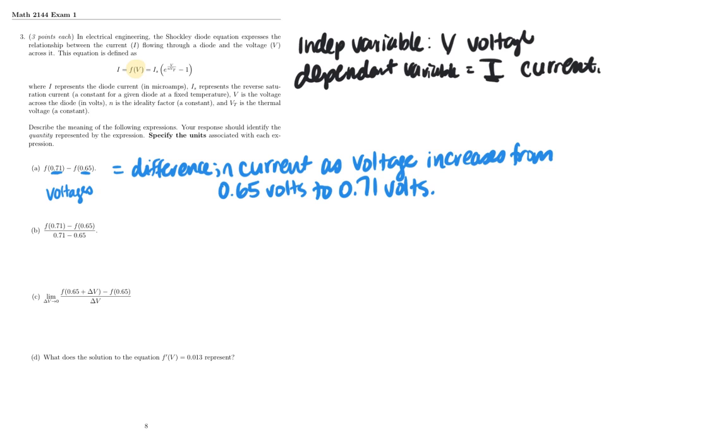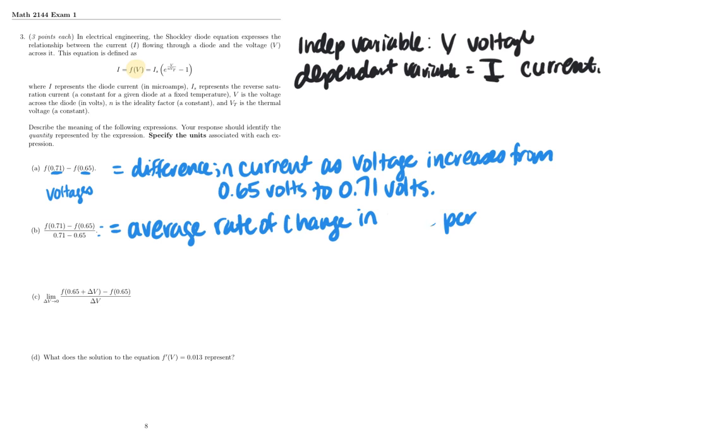Now here I have the difference in current over the difference in volts. And so this is going to be the average rate of change in current.